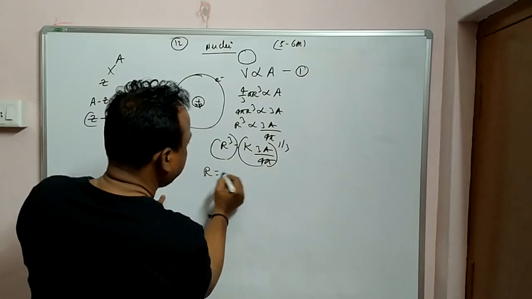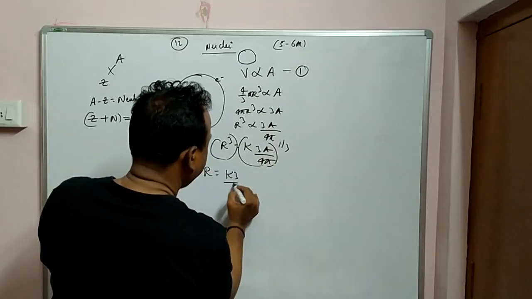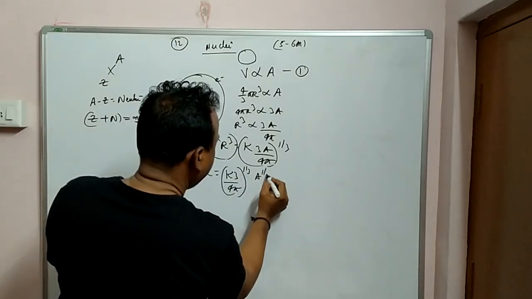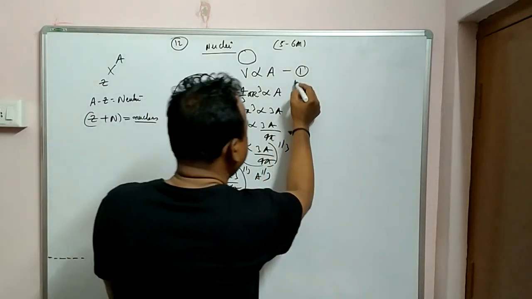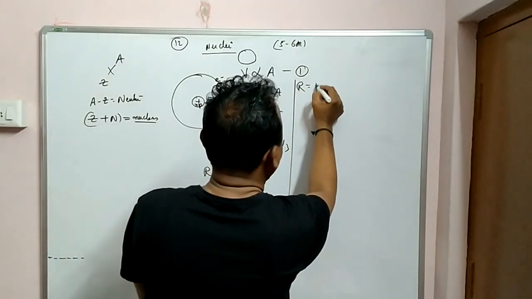Finally, r is equal to, this entire thing is constant, I will take it outside, (3/4π)^(1/3) times A^(1/3). We can take this constant as r naught.